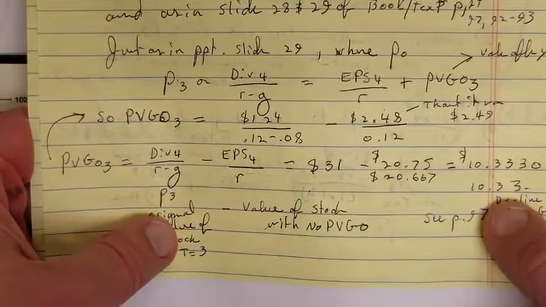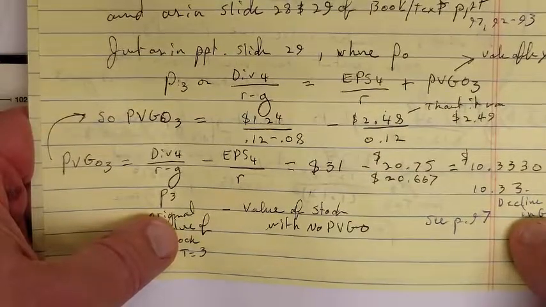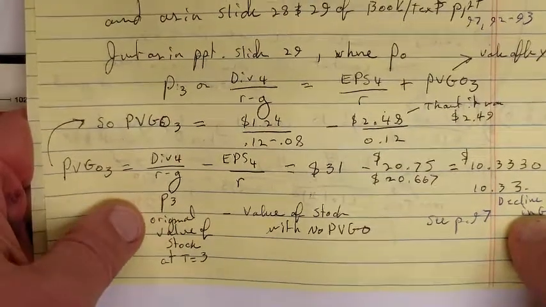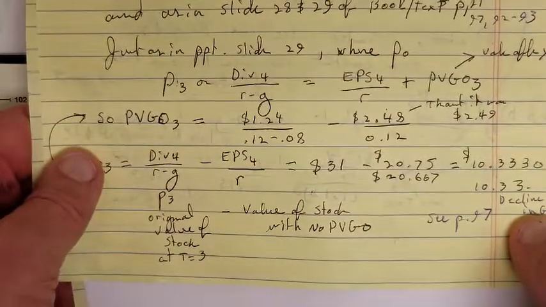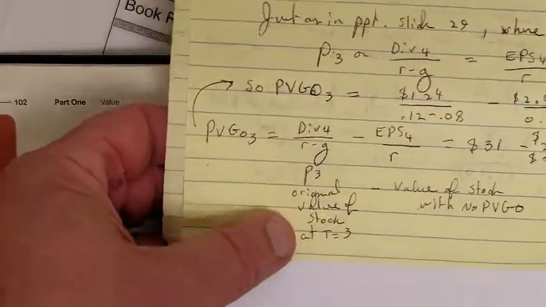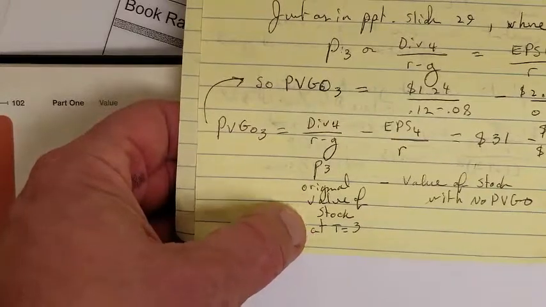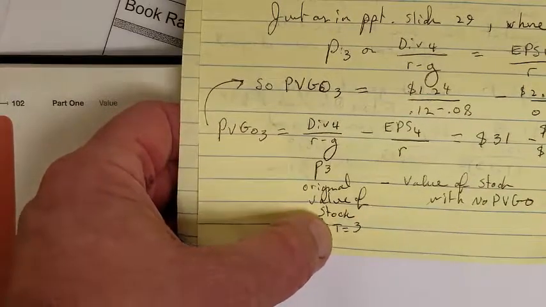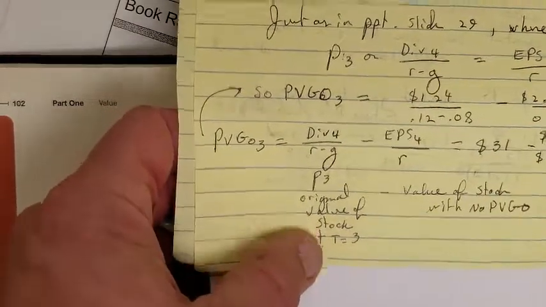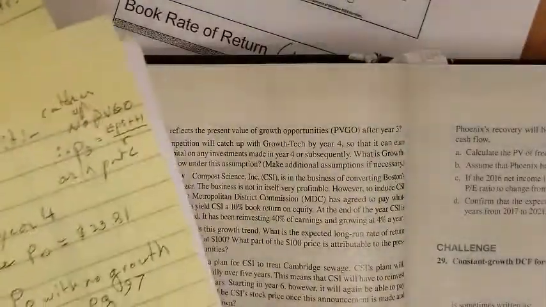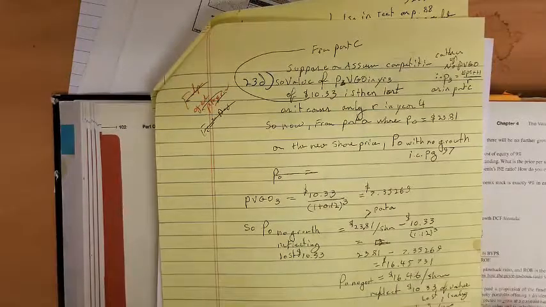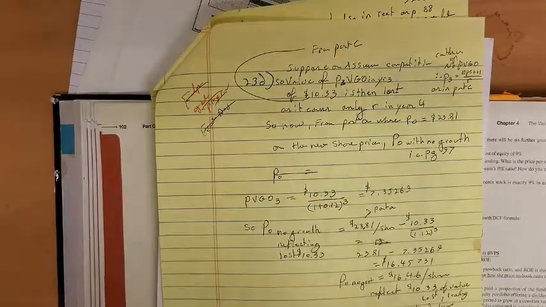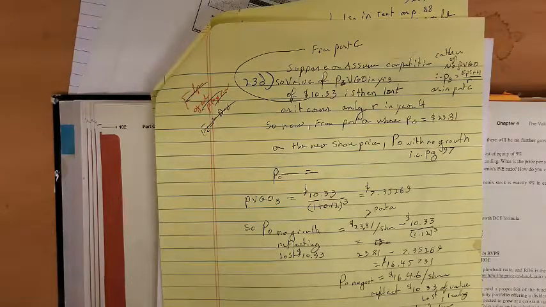That's basically the decline in growth right there, and would be a decline in value of the stock with no PVGO, okay? And again, remember that this is the original value of the stock at P3, or T equals 3. Lastly, assume the competition catches up, as we discussed already.